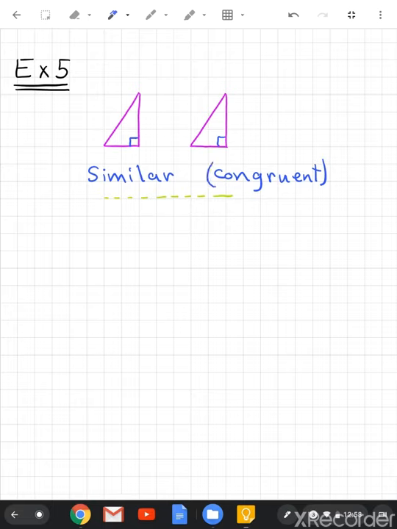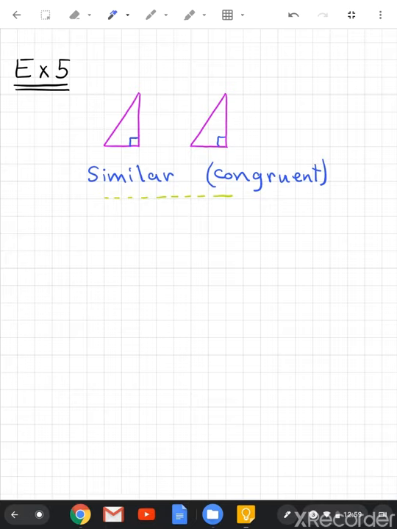Now we should know that congruent figures are shapes having the same shape and the same size. But similar figures are the same in shape but can be different in size.